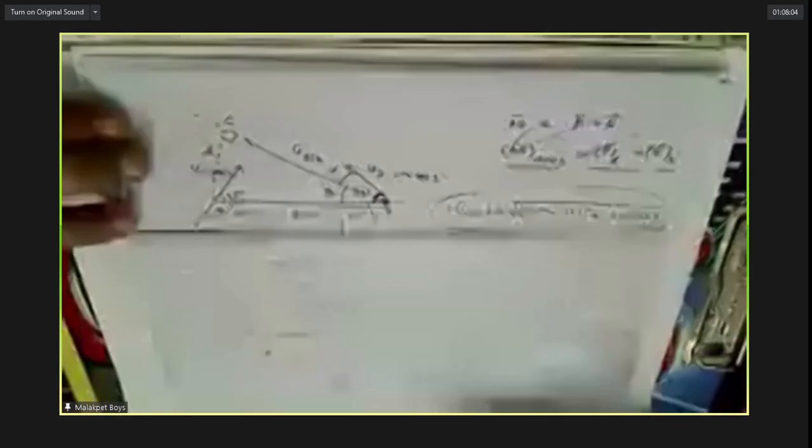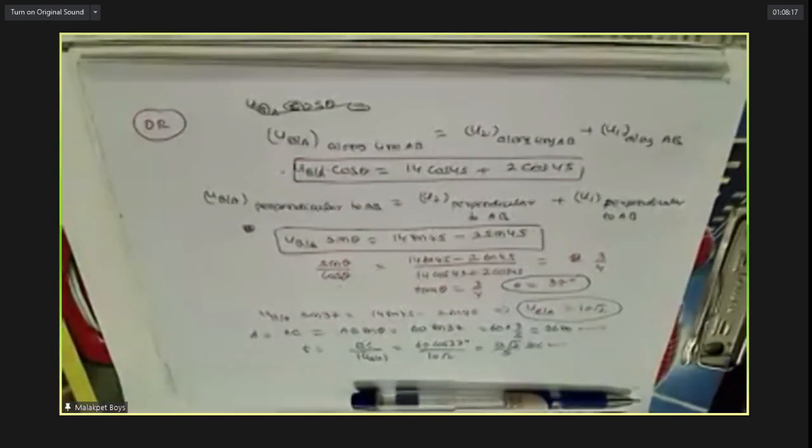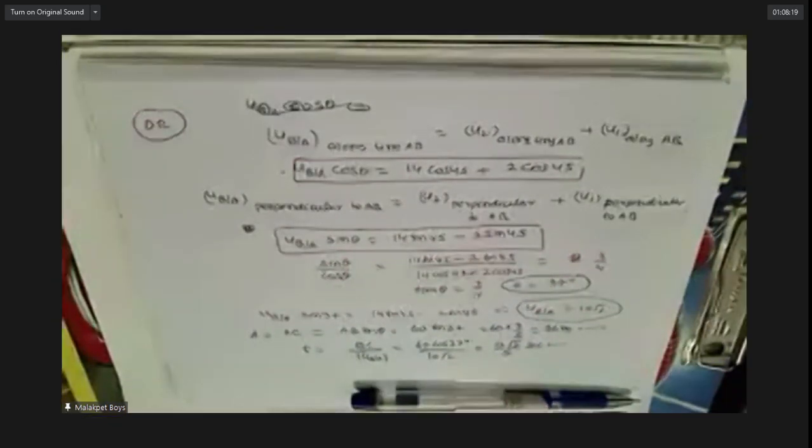Remember this? Suppose this along y. Like that we can take, no? Now I am taking along AB, but along any line you can take, no? Understood this?